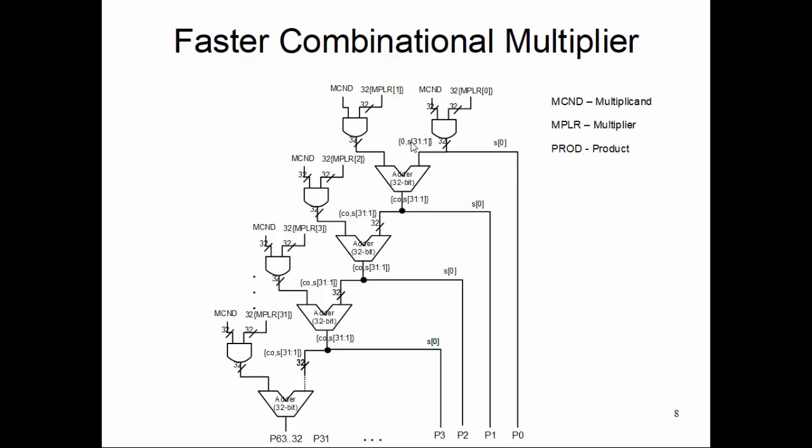And then the rest of the 31 bits we pair with a 0, make it a 32-bit operand, and we add it with the next step.